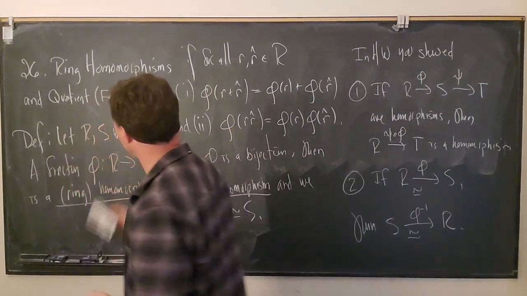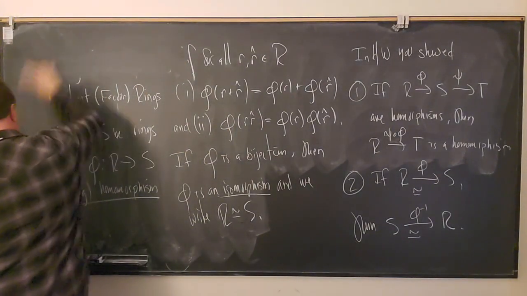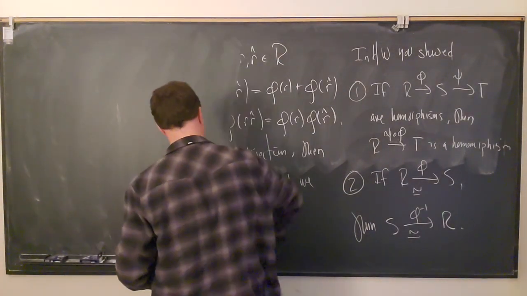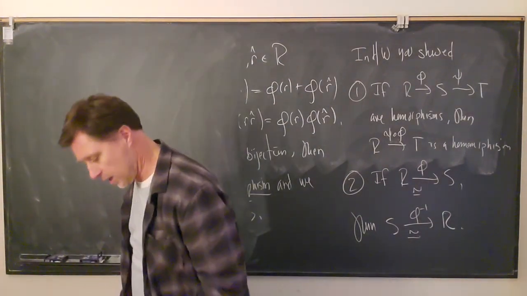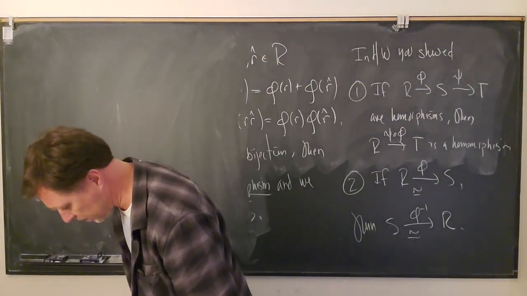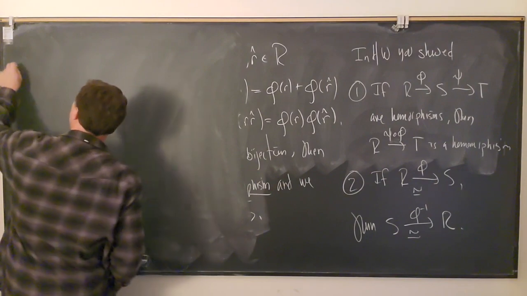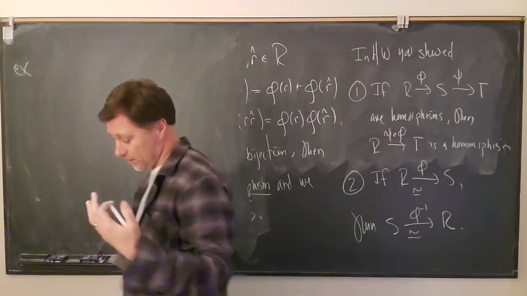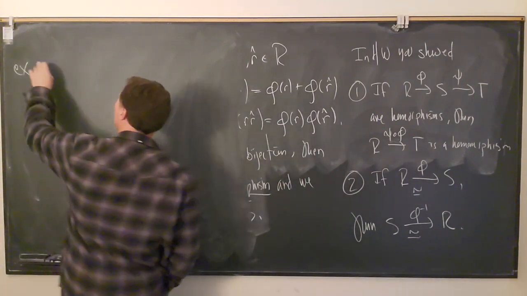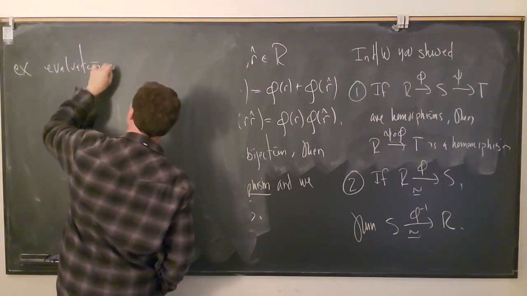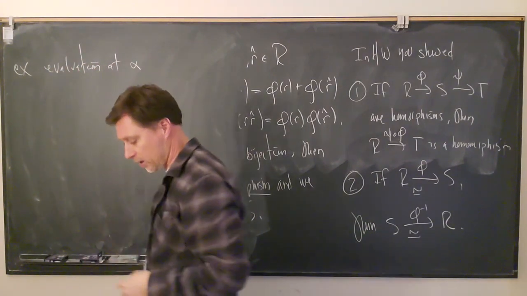Let me give you a few examples of ring homomorphisms. These are the important ones that we'll need. And we've seen at least a couple of these already. So one of our primary examples is evaluation at alpha. Remember how that goes.